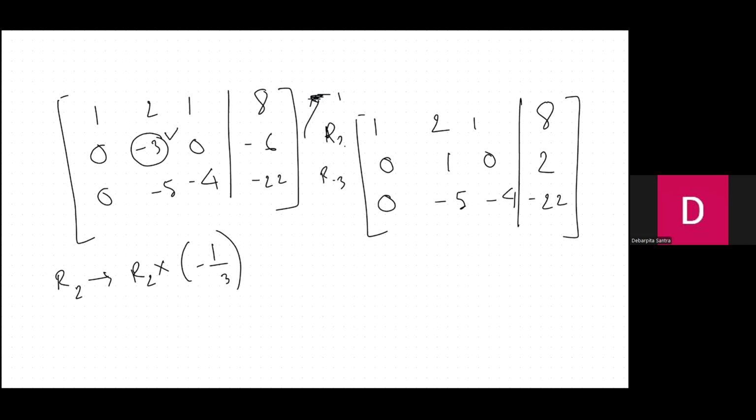Now, in row echelon form, reduced row echelon form, this also should become 0. This also should become 0. Okay. So that is our R1, that is our R2. Sorry, this is our R2, this is our R3.